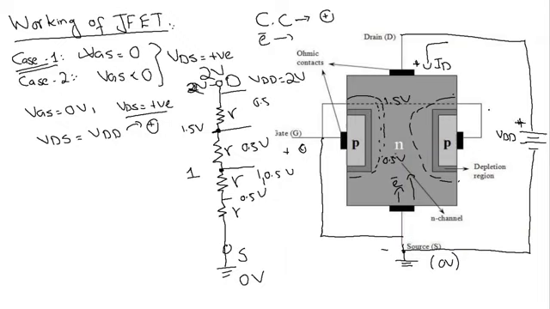So this is reverse bias, because we know that when N type is connected to the positive terminal of the battery, we have the reverse bias condition. So now this PN junction here at the upper portion is reverse biased by about 1.5 volt, and this PN junction here is reverse biased by about 0.5 volt.